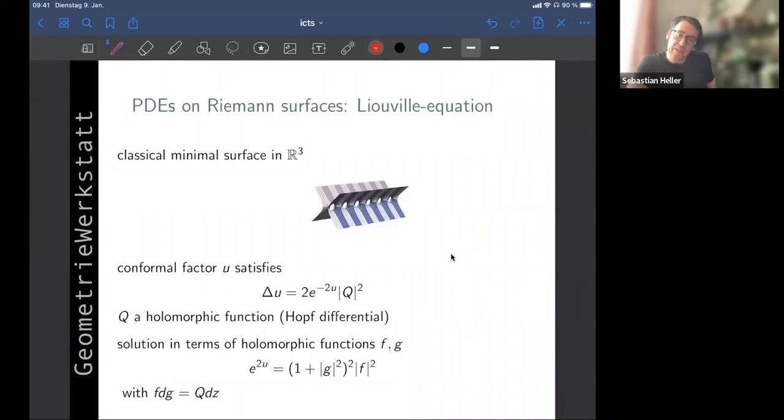Then e to the 2u, the conformal factor, is determined by this formula here. So in this very simple situation, you can solve nonlinear PDEs in terms of holomorphic data. And this has then been generalized to other situations.